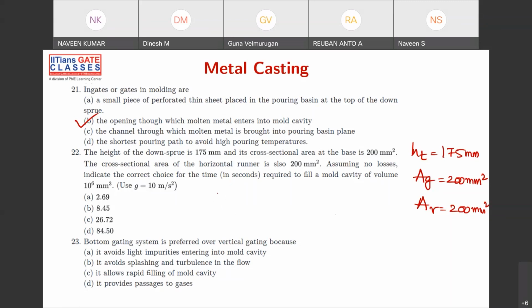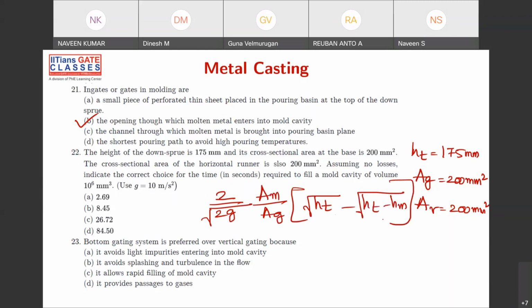So what is the formula? 2 by under root 2g, right? Into Am by Ag into under root HT minus HM. Am I right? Now do this and let me know what is the answer. Anyone who can do this? Everything is given.